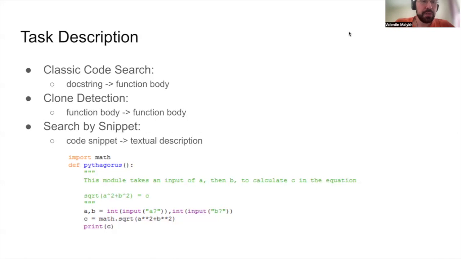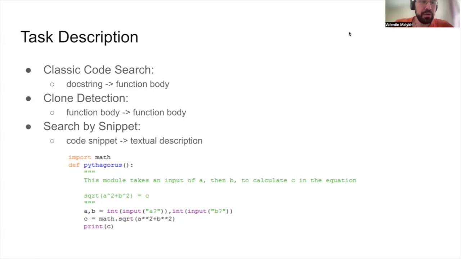We have a code snippet, for example the one shown below, and we have some textual description. For this specific task, we're using the textual instructions which could be found online on some community services like Stack Overflow. But for the sake of simplicity, for now, we will say that the textual description is the docstring.